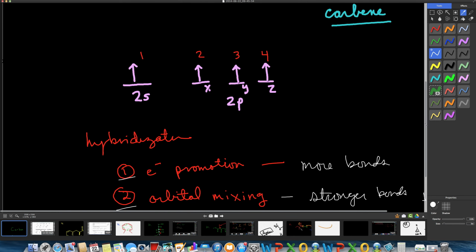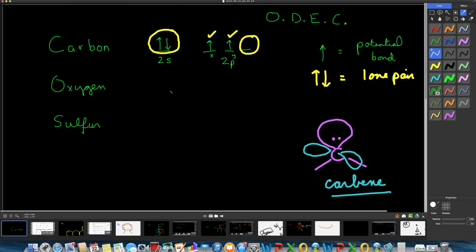Let's look, however, at the other 2 examples, oxygen and sulfur. Oxygen would be 2s2, 2p4. Remember from Hund's rule, we have to have all of the degenerate orbitals, that means equal in energy orbitals, contain 1 electron before pairing can occur.